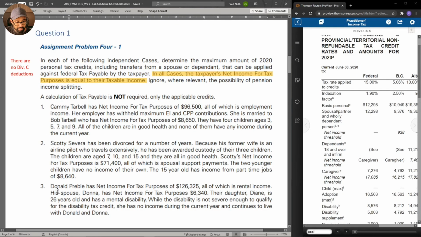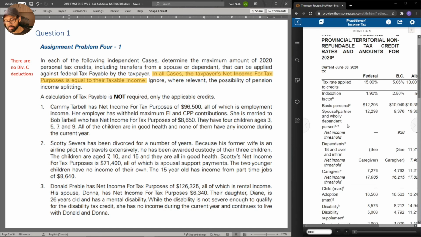So looking at this, I think we can say that Donald is going to get the basic personal credit and will also get a spousal credit reduced by his spouse's NITP of 6,340. What we really need to think about is whether there is an additional credit for their daughter who has no income but does have a mental disability.